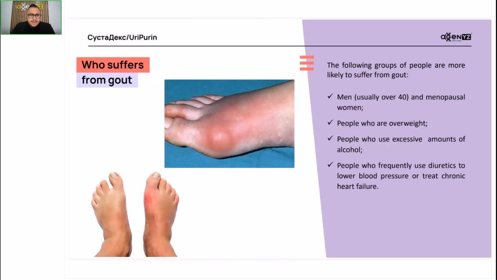And basically, who suffers from gout? On the right-hand side, there are some groups: generally men, usually over 40, and menopausal women, people who are overweight, people who use excessive amounts of alcohol, and people who frequently use diuretics to lower blood pressure or treat chronic heart failure.